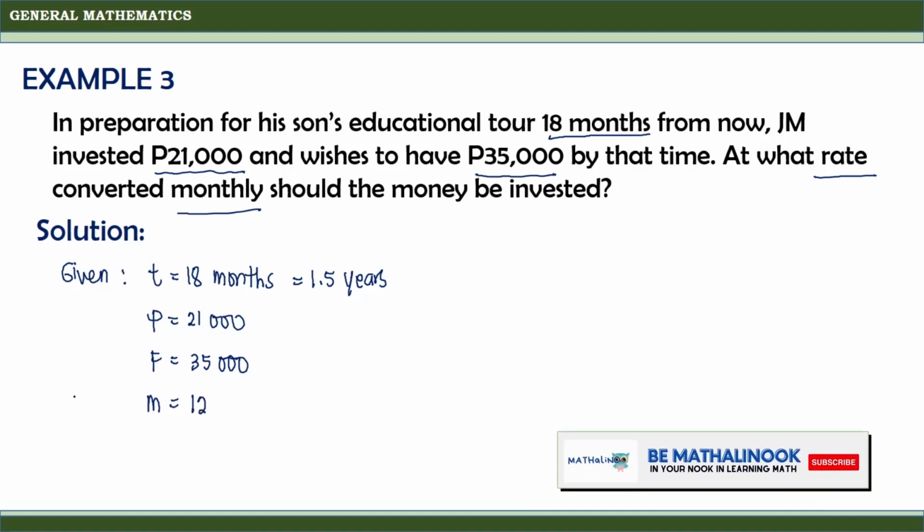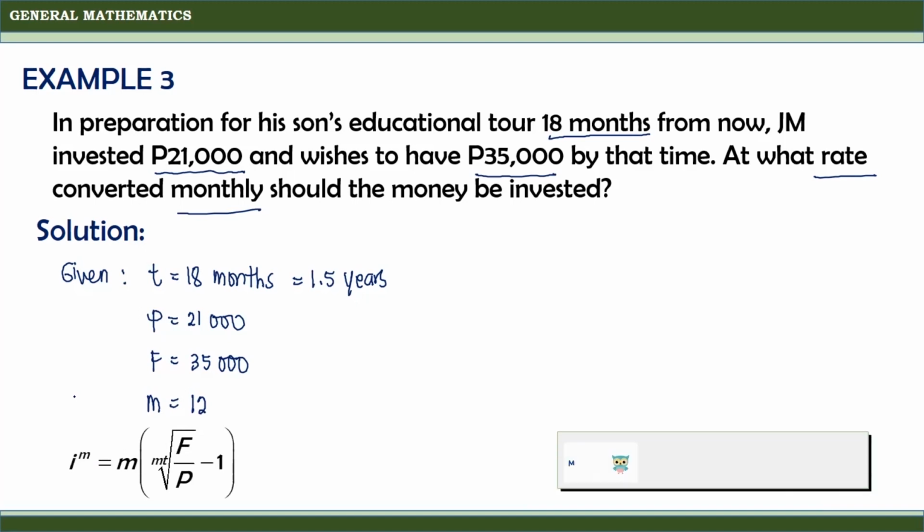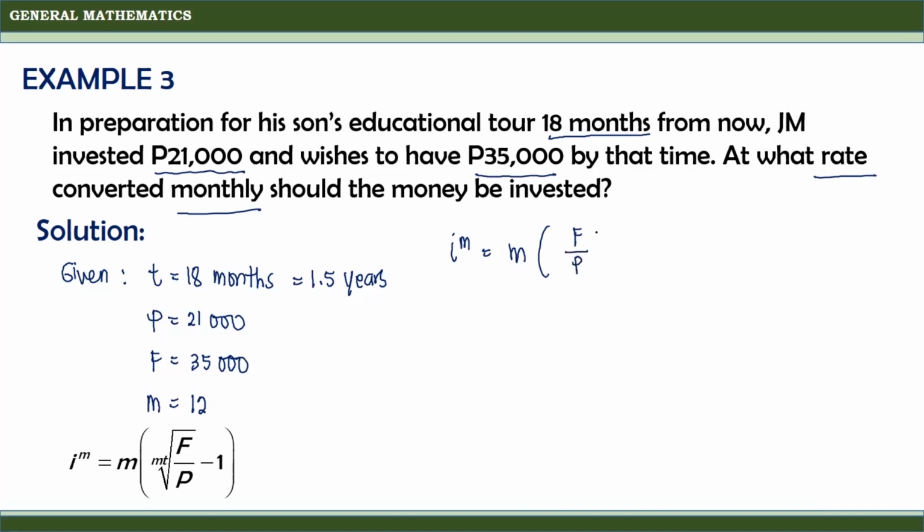To solve for the interest rate, we can use the formula i_m equals m times the mth root of F divided by P, minus 1. From our previous video, I have mentioned that the formula for the interest rate i_m can also be written in the form m times (F divided by P) raised to 1 over mt, minus 1.